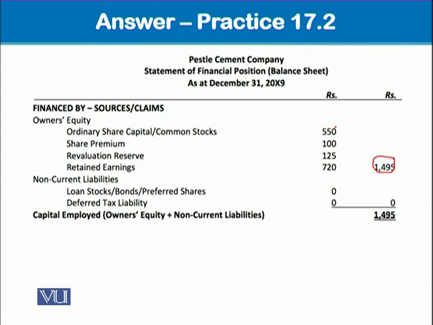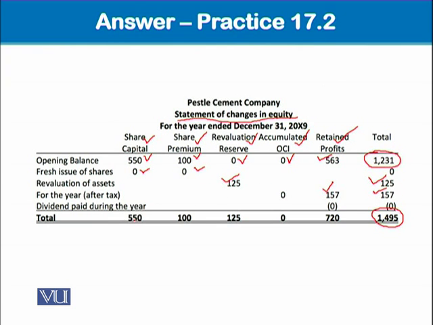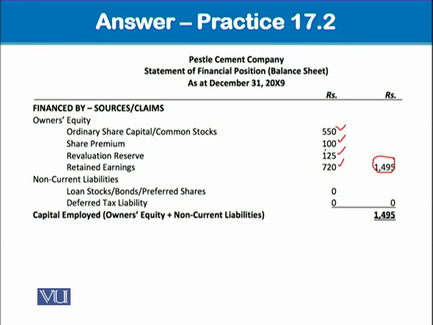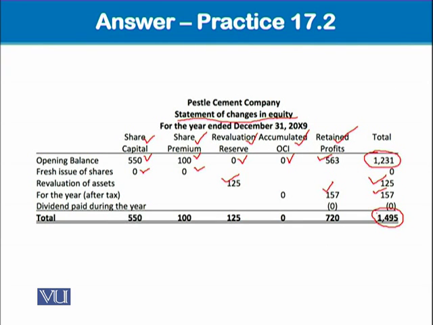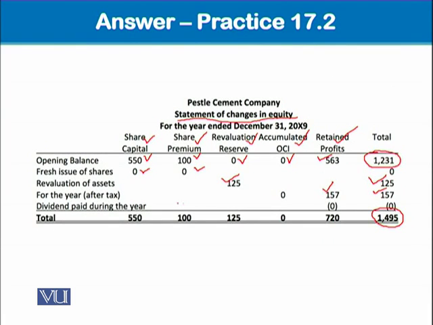All these are the closing balances appearing in the statement of changes in equity: 550, 100, 125 and 720, and the total is 1495. All right, so this is how we prepare a statement of changes in equity.